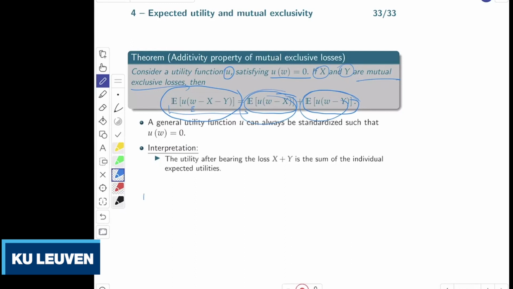Let me look at a second important observation of this result. So first of all, note that X and Y are losses, and we assume that they are positive losses.